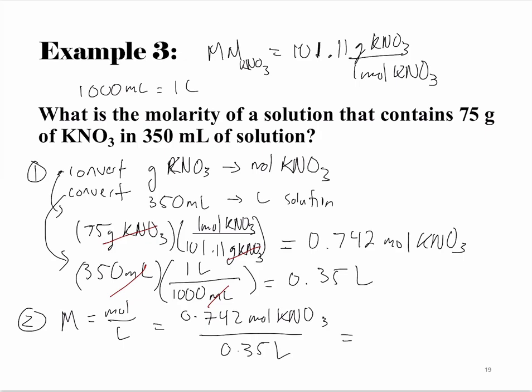We plug that into the calculator. 0.742 divided by 0.35, we get 2.12. Technically, it should only be 1 sig fig or 2 sig figs molarity solution. All right, did everyone get that?